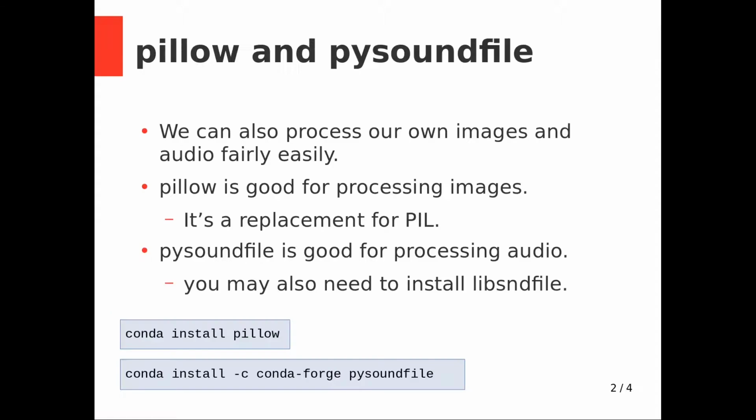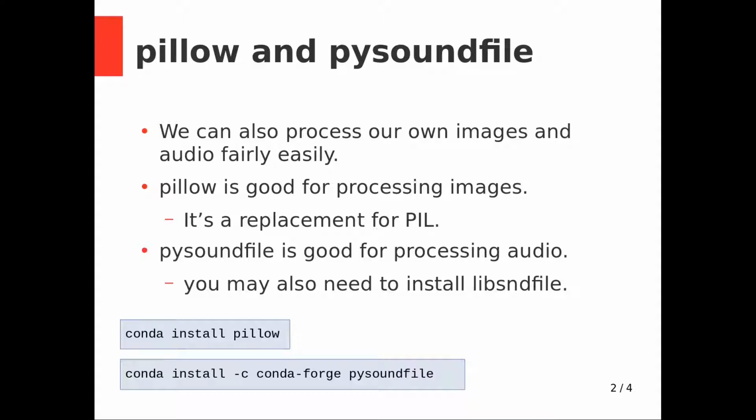Okay? So to load data, we can use the Python libraries Pillow and pysoundfile. Pillow is pretty good at processing images. It is a replacement for PIL. PIL is, I believe, Python Imaging Library. It is an older Python library that was kind of popular in its somewhat niche purpose.